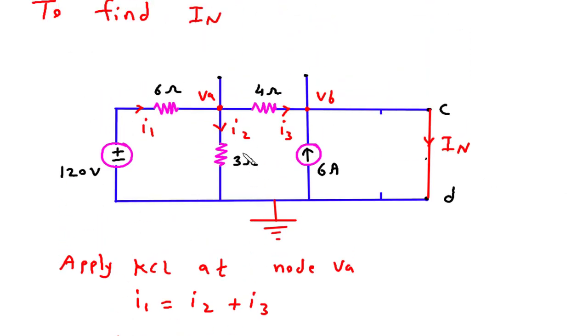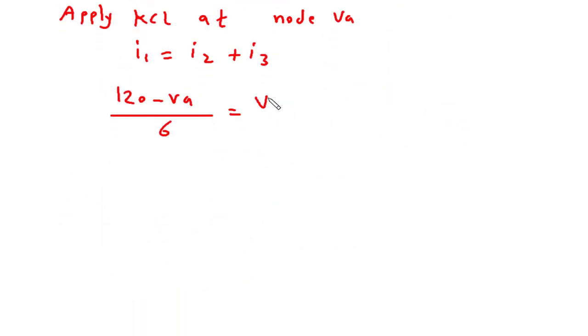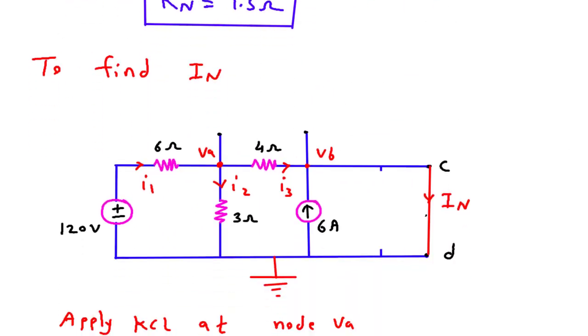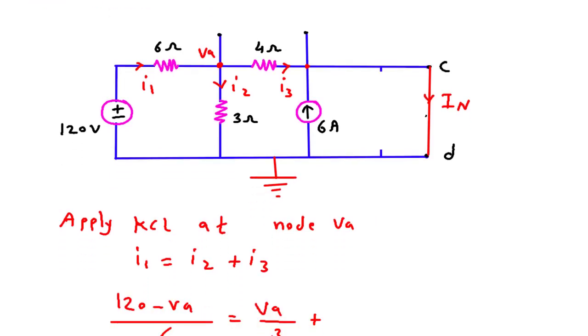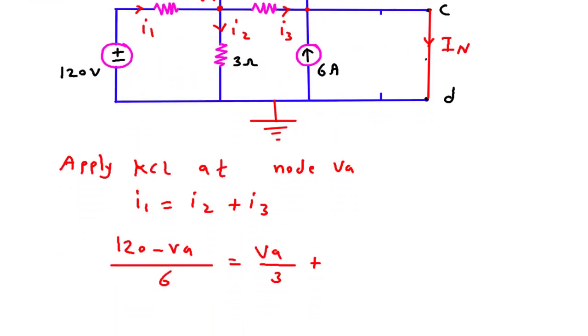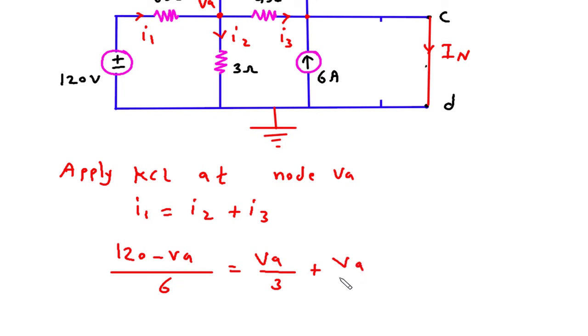I2 is VA minus 0 by 3. I3 is VA minus VB, but this VB is directly connected to ground, so it is equal to 0. So I3 is VA minus 0 by 4, directly VA by 4.